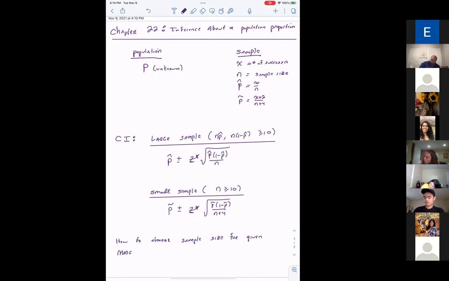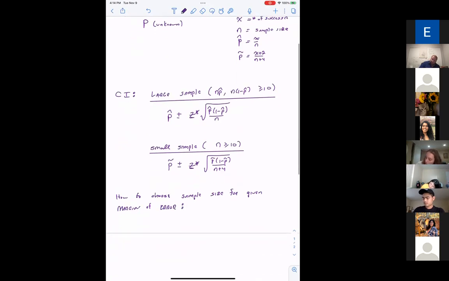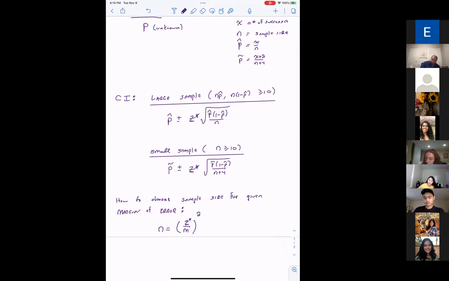We definitely did. I'm pretty sure we did this. And we ended up with n equals what? Is it z star over m, and don't forget to square it, times p times 1 minus p.